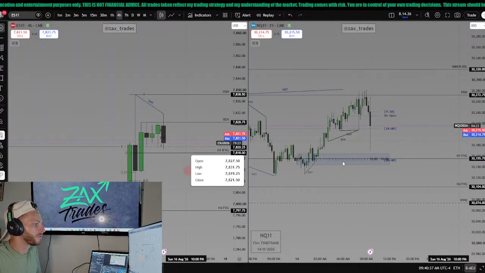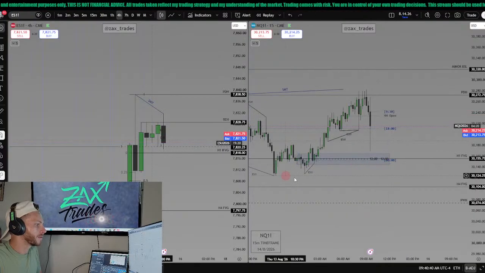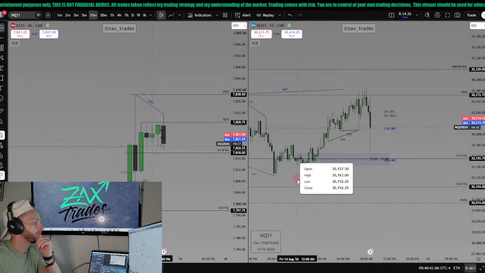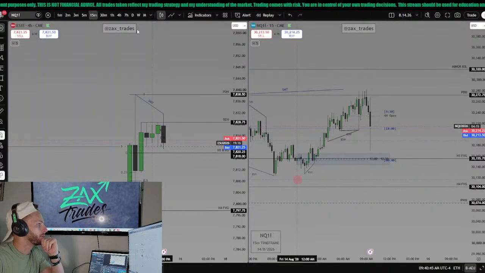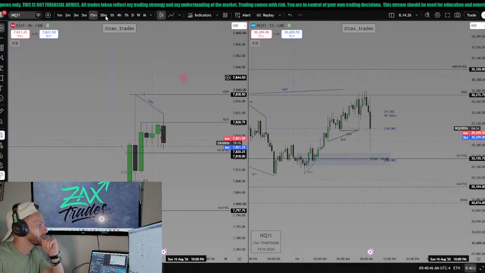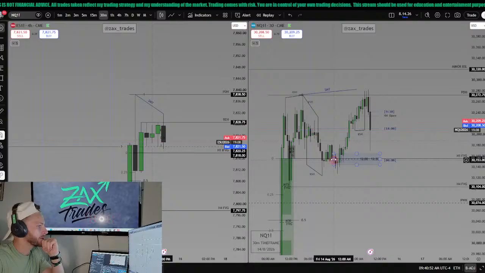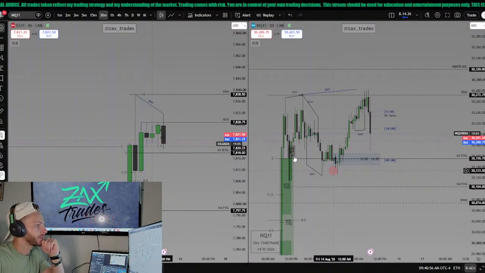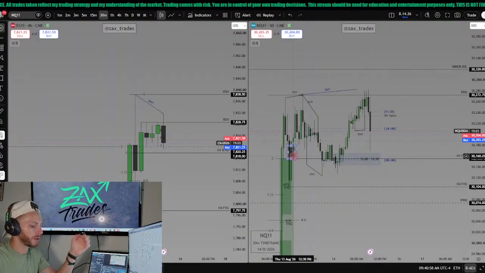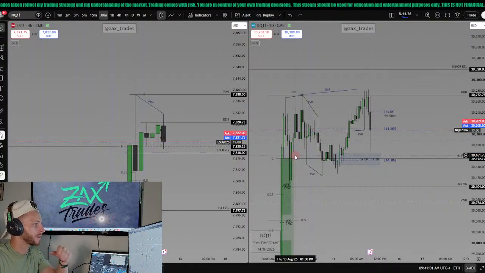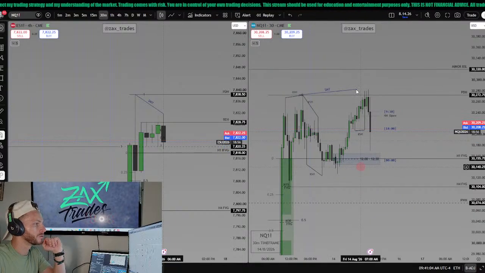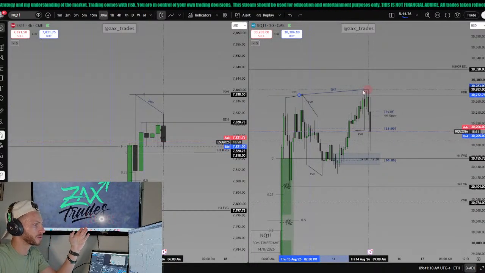So the other level that I encourage all of you that start watching the stream to really get in the habit of marking on your chart, guys, is the midnight opening range. This to me is critical. It's not an entry model. It's more of a guideline of where we are so that you don't lose sight of the bigger intraday picture.